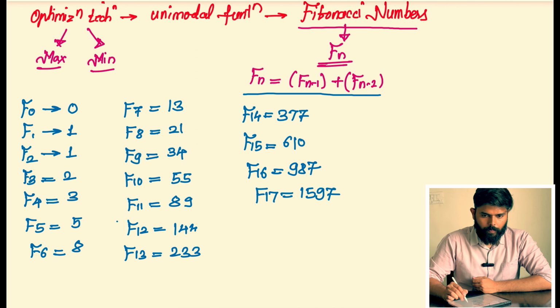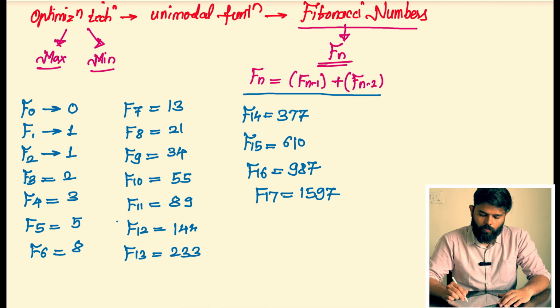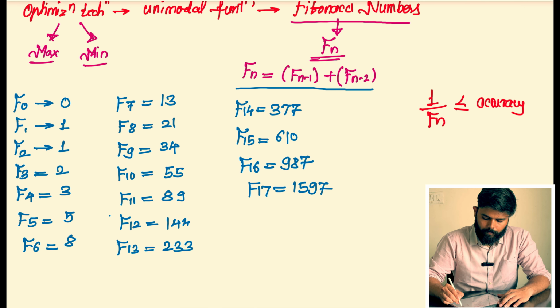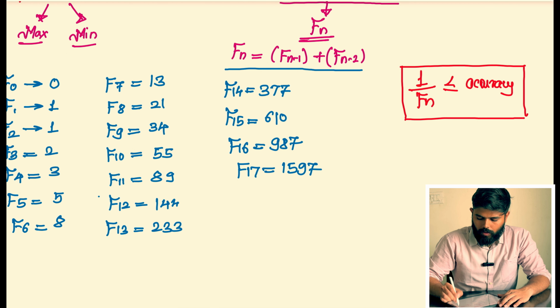Now, apart from that, in the numerical, the accuracy by which the problem is to be solved will be given. So there is one generalized formula: 1 upon Fn should be less than or equal to that accuracy. So this is the one formula that we need to keep in mind.